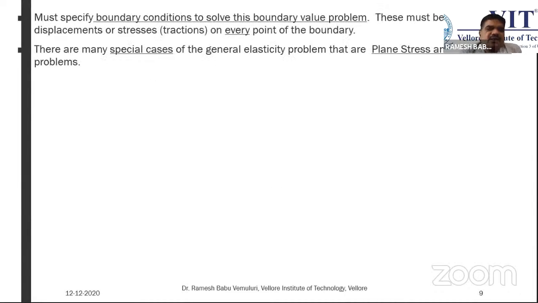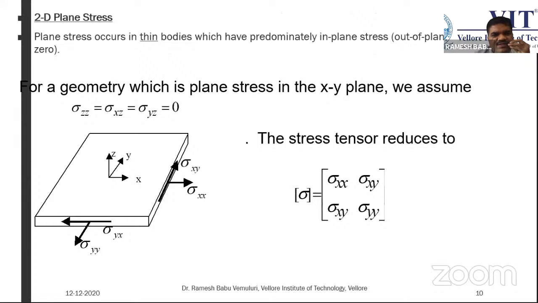To solve these, normally we use boundary conditions for the particular case. Then there are some special cases. Mostly, whatever structures we have taken come under the plane stress or plane strain condition, as we saw in the previous session.